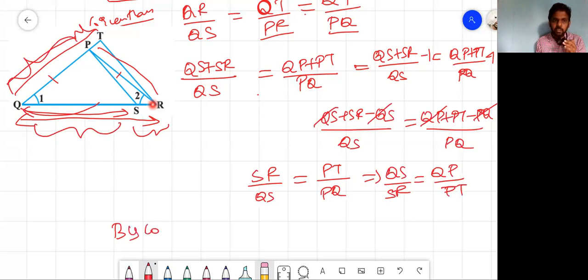So by converse of BPT, can we say that PS is parallel to TR? This one, PS is parallel to TR here, right?